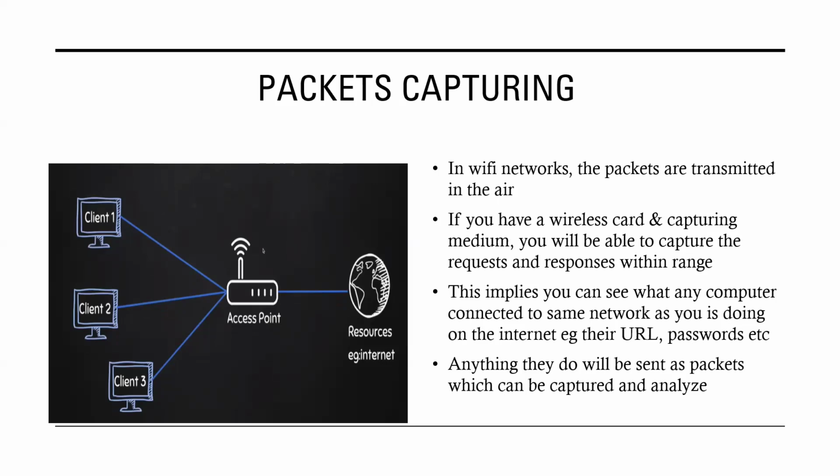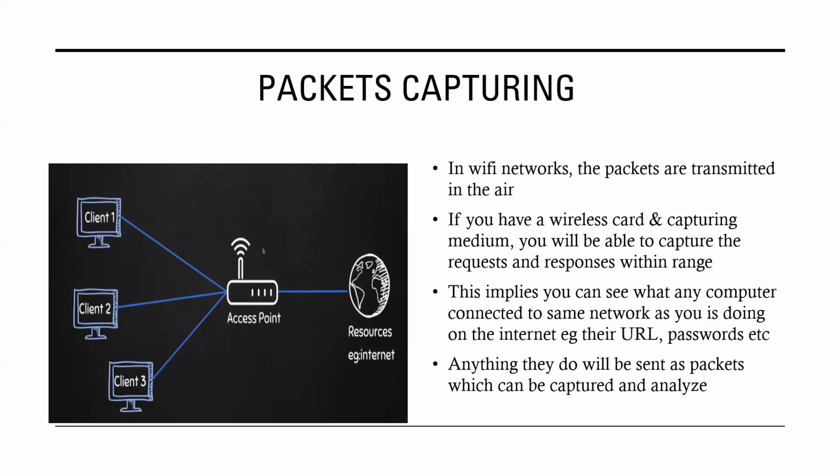Then in Wi-Fi networks, the packets are transmitted in the air because it's wireless fidelity, it travels in the air. If you have a wireless card and a capturing medium, you'll be able to capture requests and responses that are within the range of where your capturing medium is. The example of this is the Wireshark that we are using.